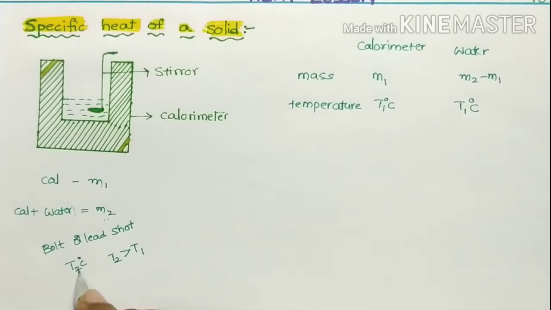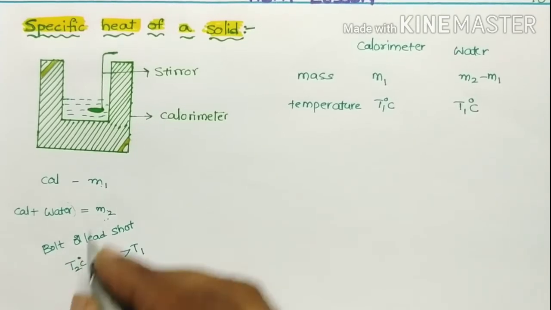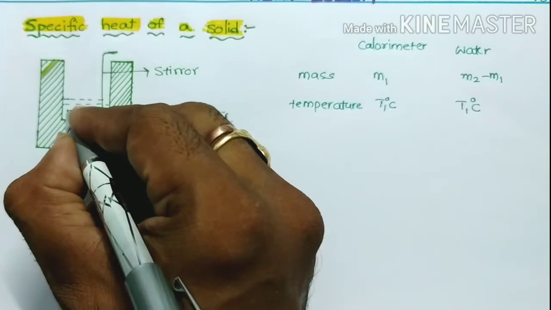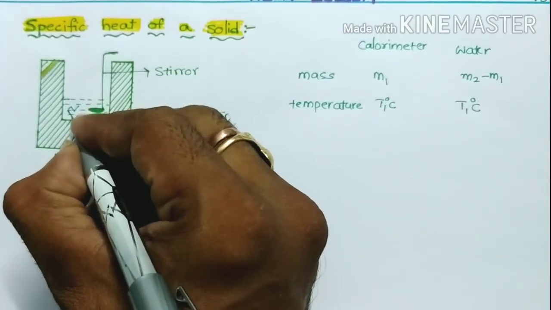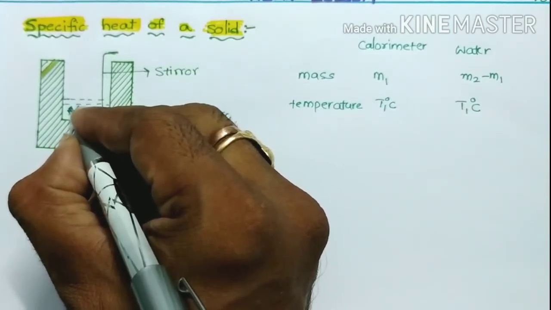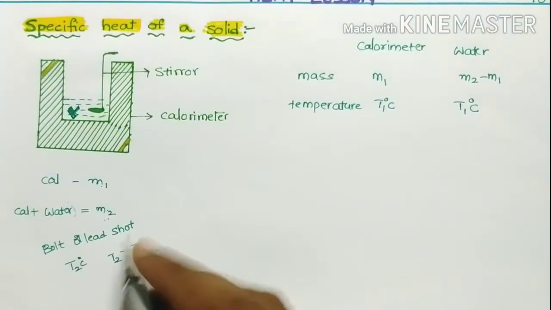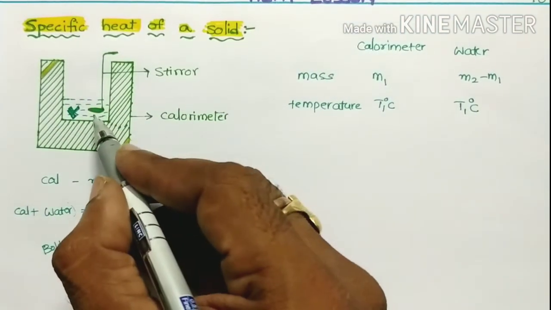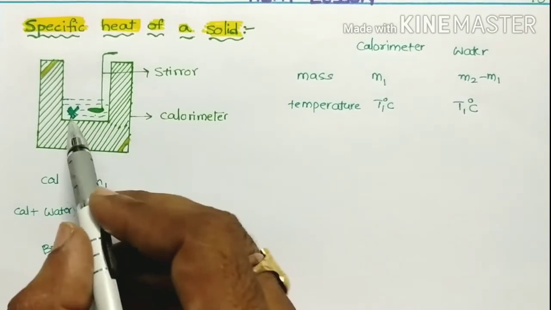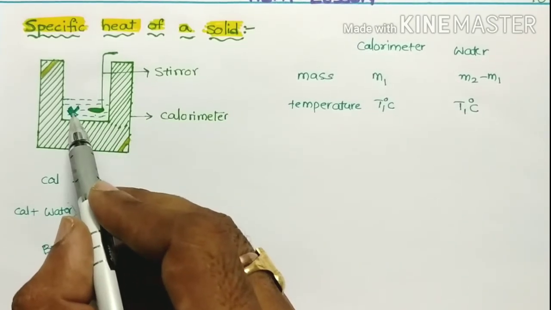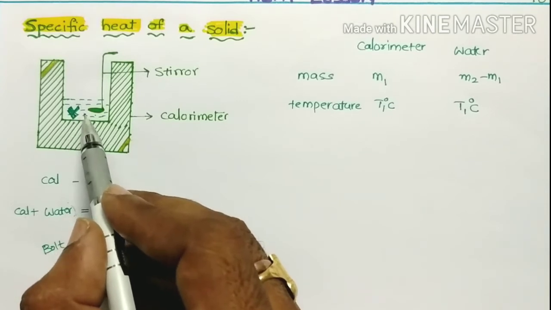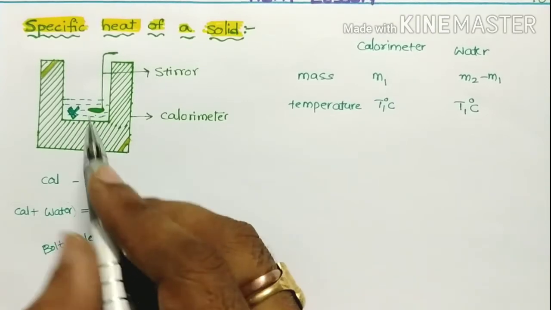Insert the bolt in the water present in the calorimeter. As the temperature of the bolt, T2, is more than the temperature of the water and calorimeter, heat is lost by the bolt and the same heat is gained by the water and calorimeter.